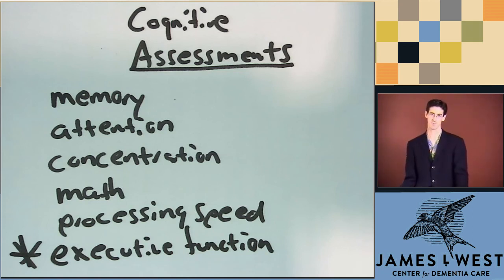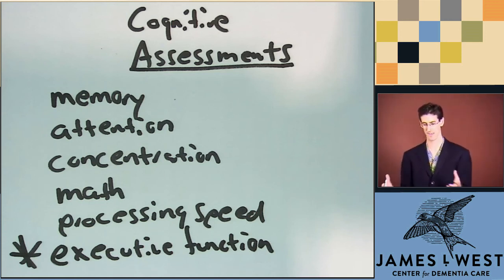A lot of times when patients come to my clinic, we're assessing their functional status and their cognitive status, and then through these assessments we're able to tell family that, no, your father isn't safe to drive, or your mom probably shouldn't be making her own meals, or it really isn't safe for them to be at home. And so it's through the interview and the cognitive assessments that we do this.